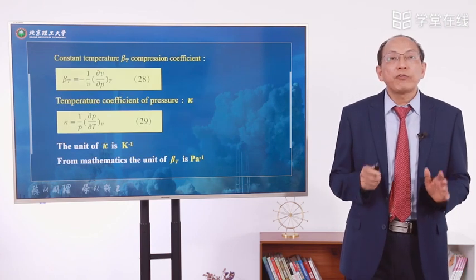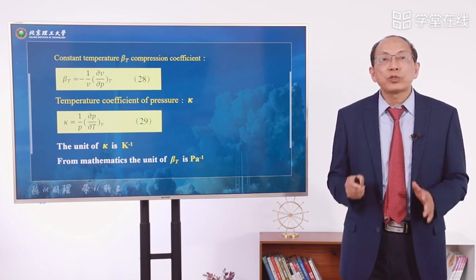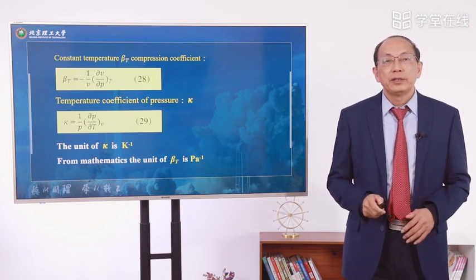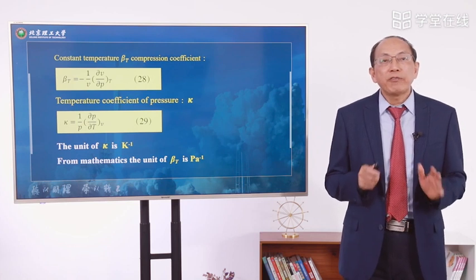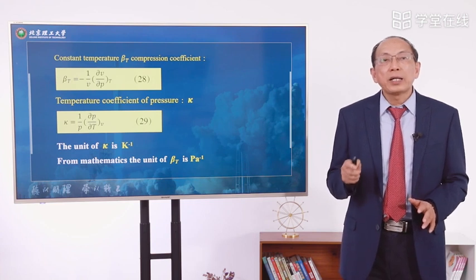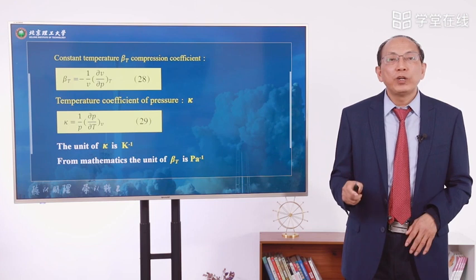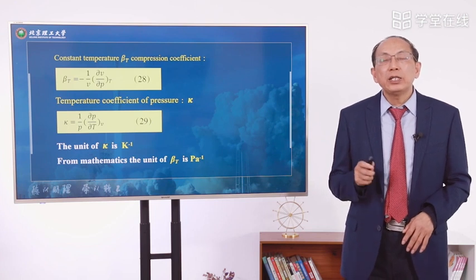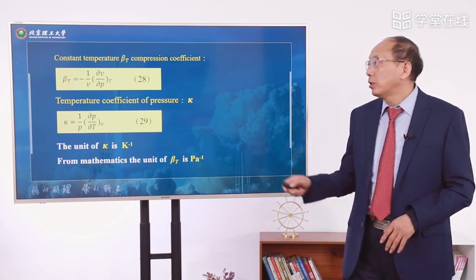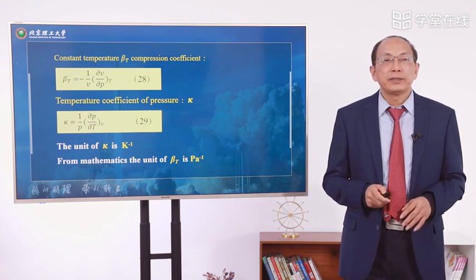Another thermal coefficient is the constant temperature compression coefficient, beta T. Beta T is defined as beta T equals minus 1 over V times partial V over partial P, T constant. It is equation 28.